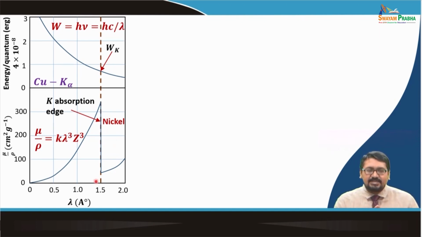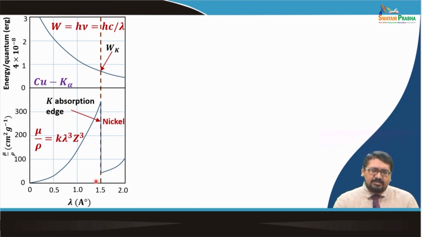So, you see, let us take a copper radiation. Say it is a continuous radiation coming from a copper anode.